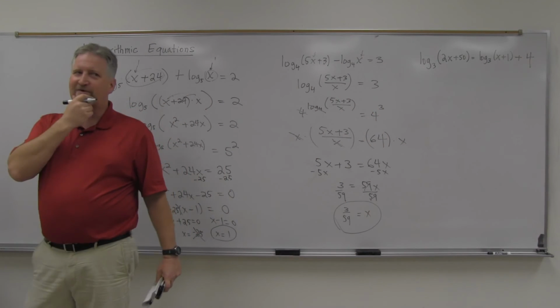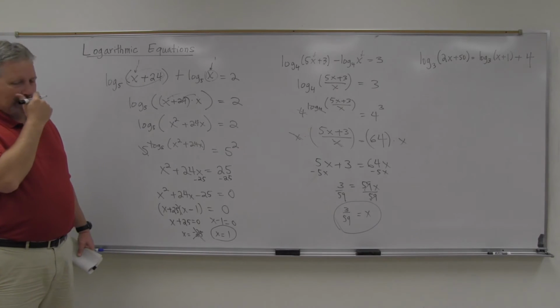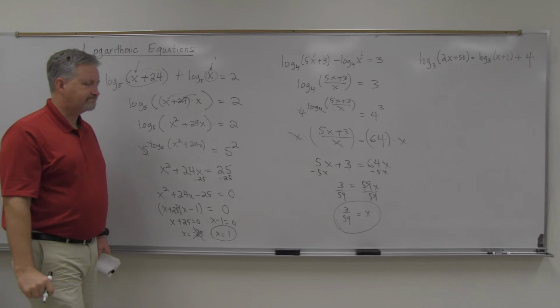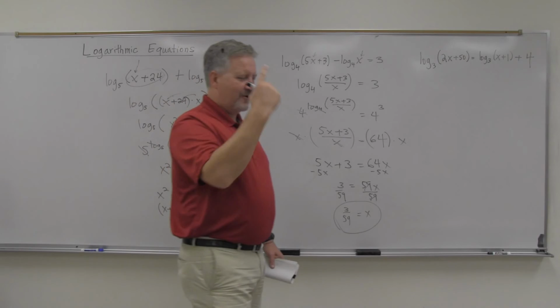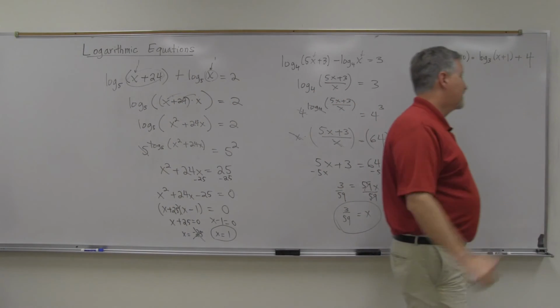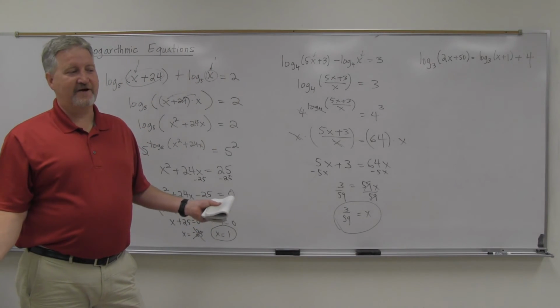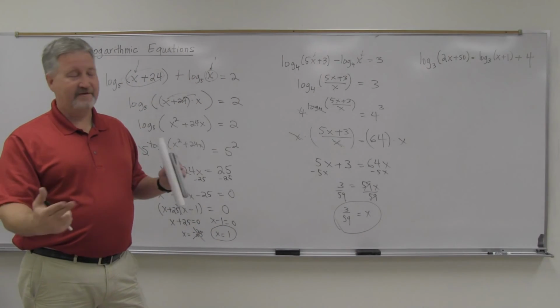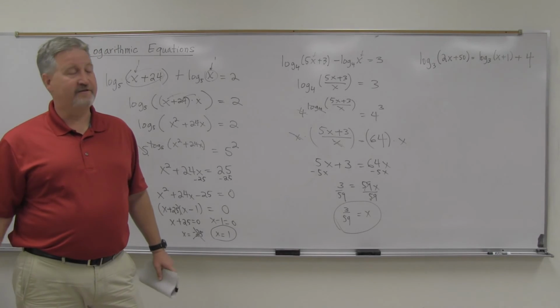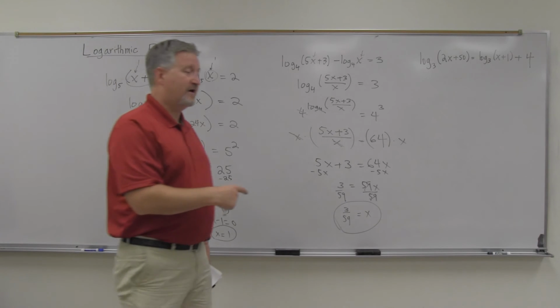All right, so what do we do if we have logarithms on both sides like this? Like you said, we only need one logarithm in the equation. Unfortunately, we've got a logarithm on either side. I need those to be on the same side, don't I? So how do I get that?